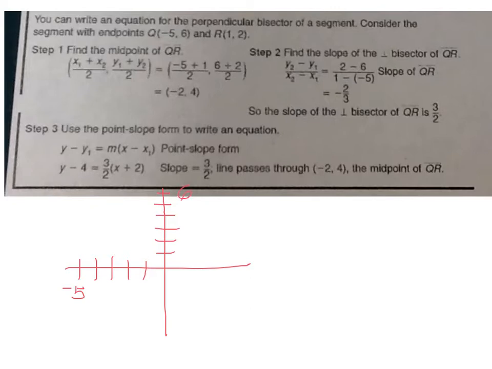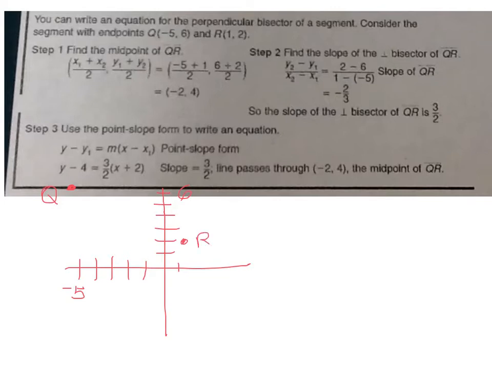So that point is about right here. And the second point, this is point Q. I recommend that you do the same thing on your notes. On that worksheet that you have from yesterday, just put a little sketch on the side. The second point is 1, 2. So it's 1 to the right, 2 up.